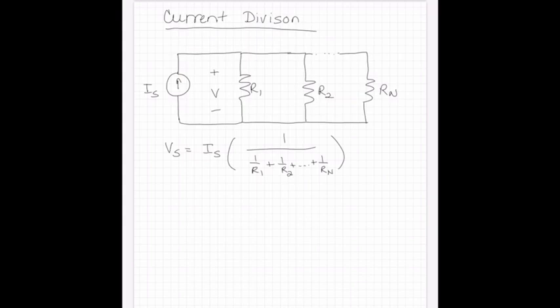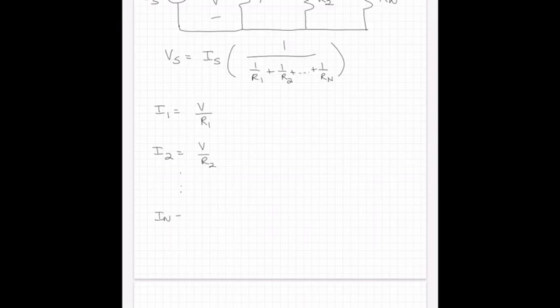And then we said by Ohm's law that I1 was equal to V divided by R1, I2 was equal to V over R2, down to I sub n, which was equal to V over R sub n. And this is V, not Vs, I'm sorry. So if we drop V into this equation, I'm going to do one other replacement.